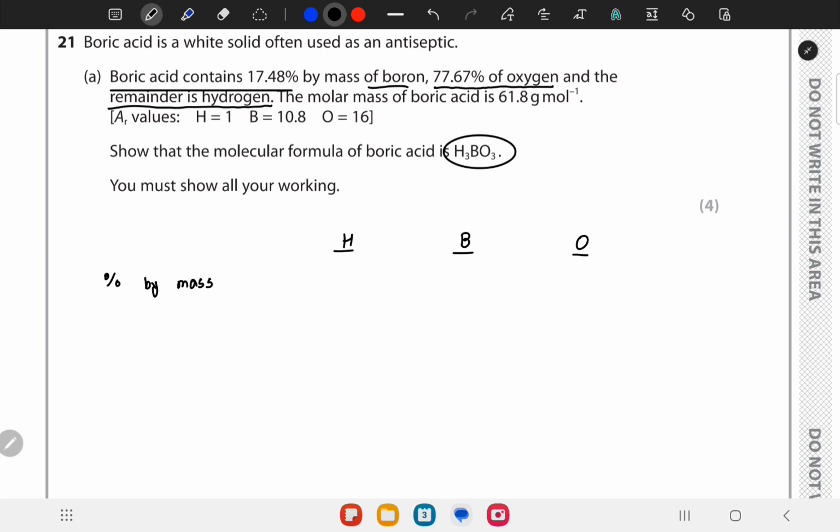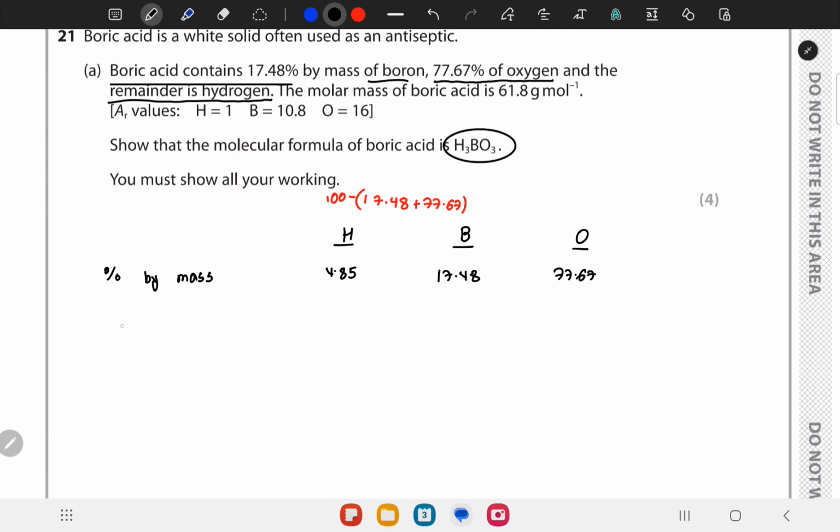Boron is 17.48, oxygen is 77.67, and hydrogen would be 100, the total percentage, minus the rest of it, so we'll be left with 4.85.